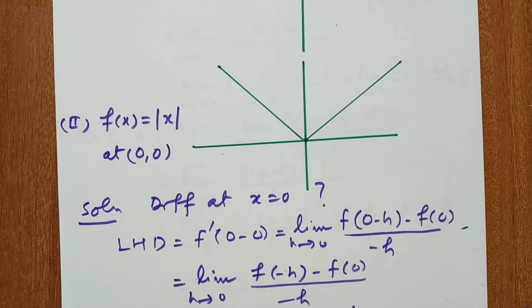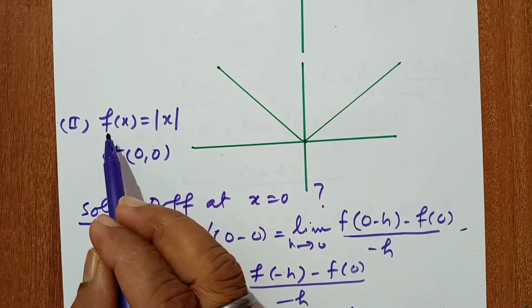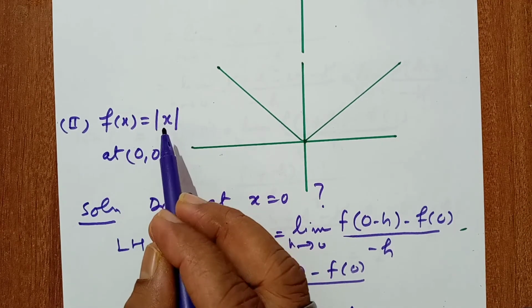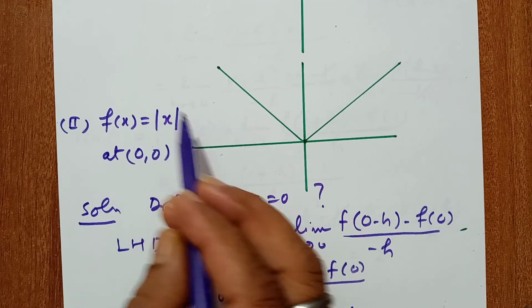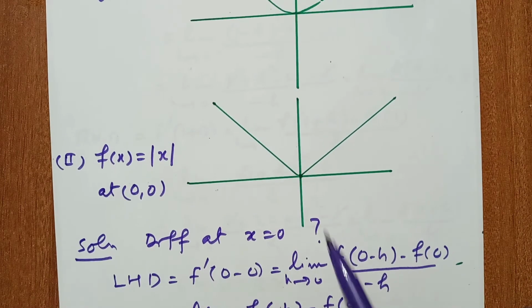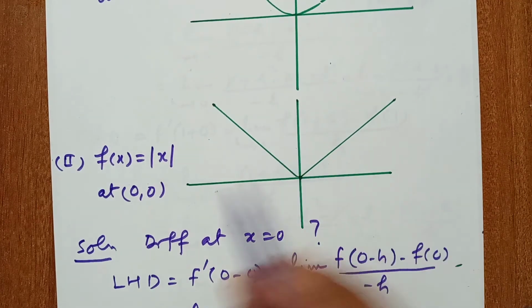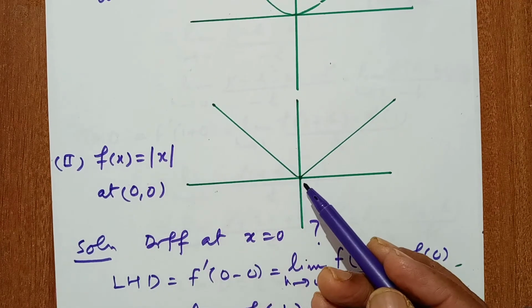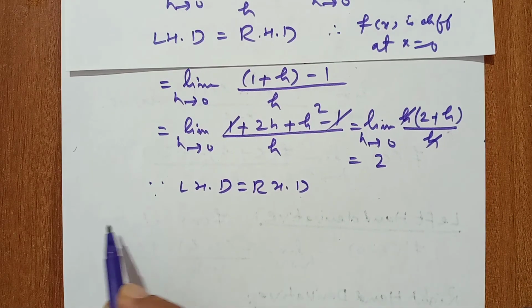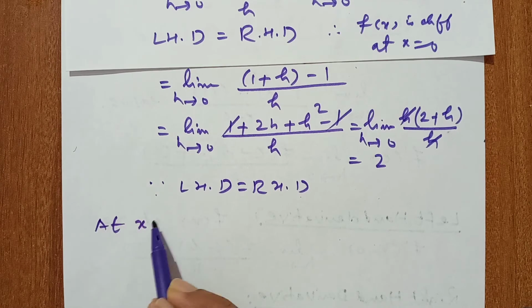Now, I want to check whether the given function f(x) is equal to mod x is differentiable at x is equal to 0 or not. This is the graph of f(x) is equal to mod x. So first we will check at x is equal to 0.